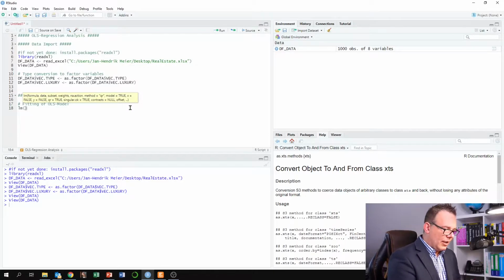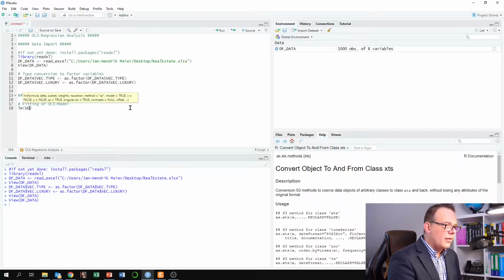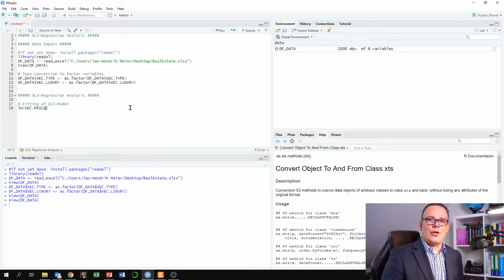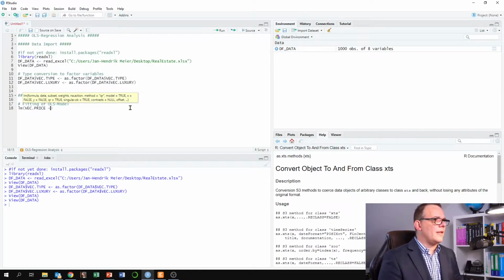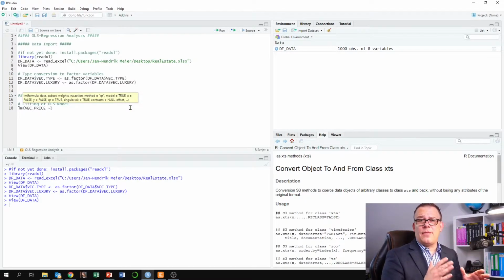I want to explain vec dot price, I don't need df. Vec dot price is the variable that I want to explain, and I want to explain this variable by, so I need this little tilde, this little wave. I can access this with alt graph and plus, but this might be different with different keyboard layouts. So please, this little tilde, this little wave.